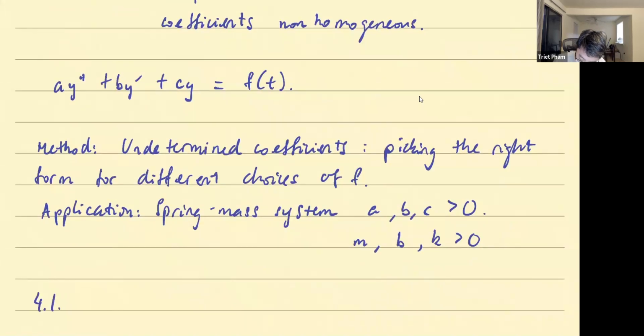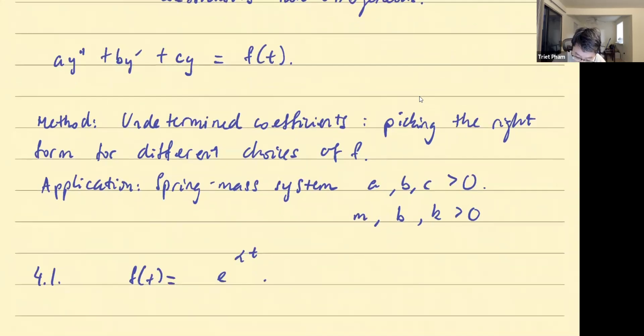All right, so when we were discussing 4.1, the structure that we have is f of t is going to be some exponential function, e to the alpha t, for example. And here we discussed the choice of yp, the particular guess.